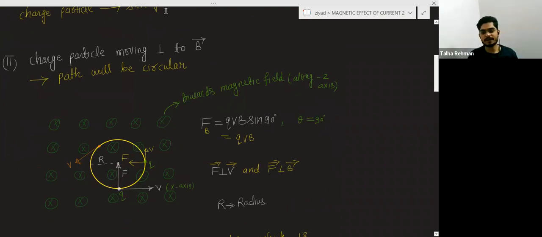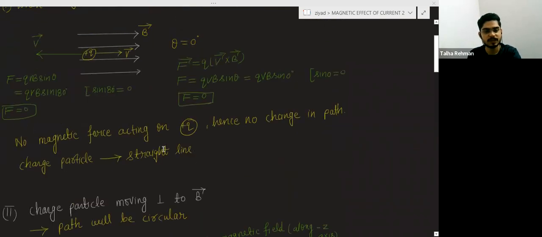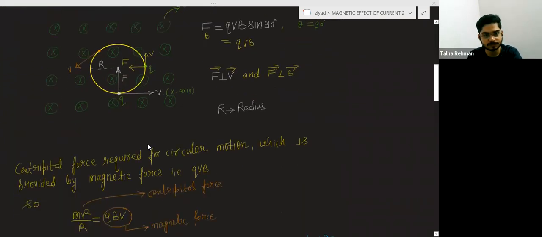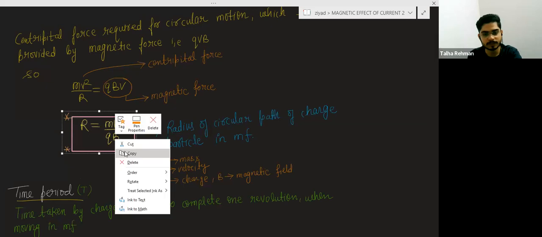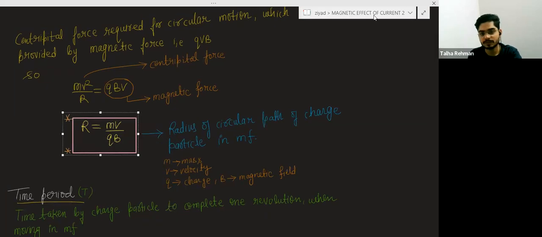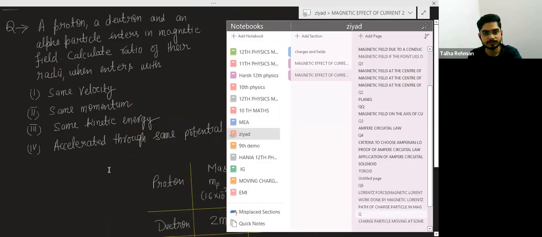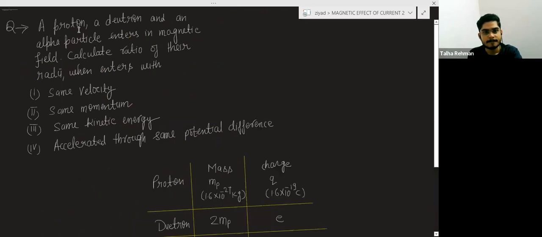Okay, now I will discuss one question regarding this. For this, I will use this formula. Very simple question. In this question, they are saying a proton, a deuteron, and an alpha particle enter a magnetic field.